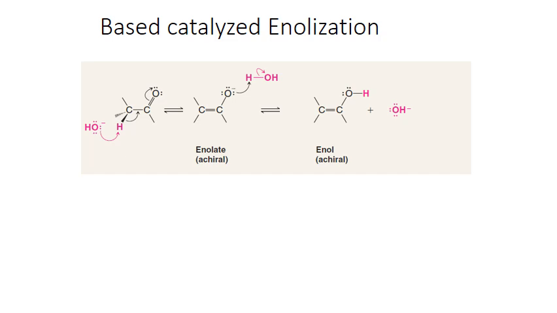Enolate abstracts a proton from water to form enol. When enol reverts to the ketone through a reversible reaction, it accepts a proton at either face of the planar structure.